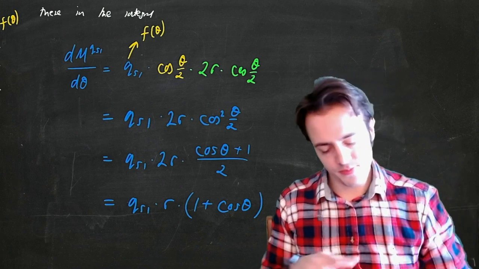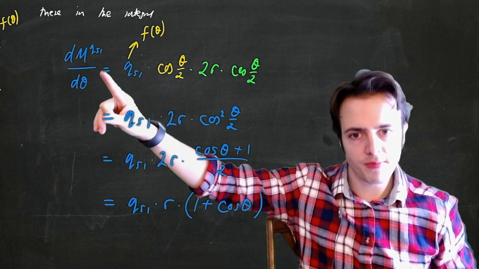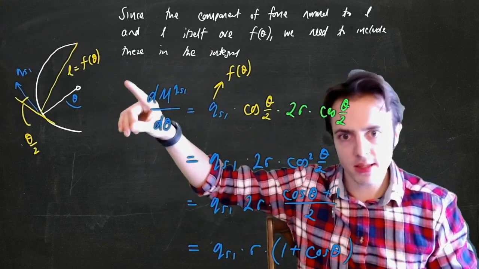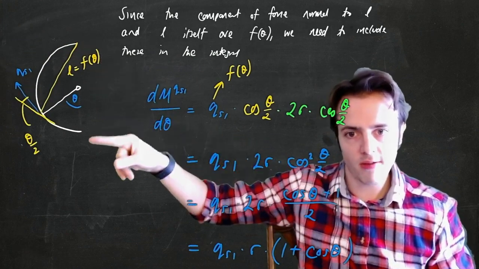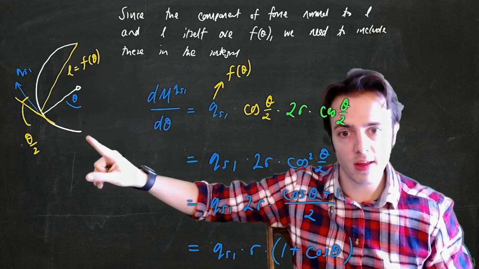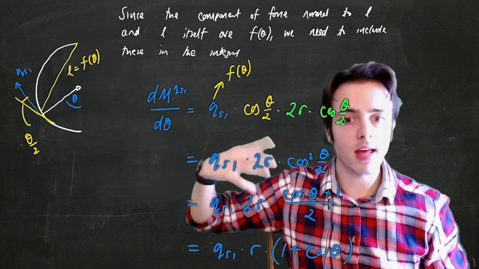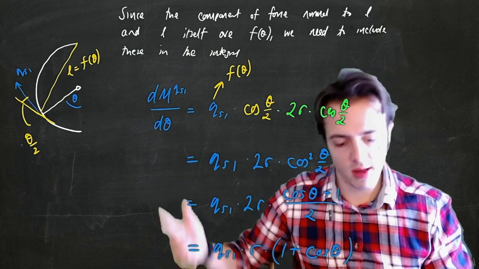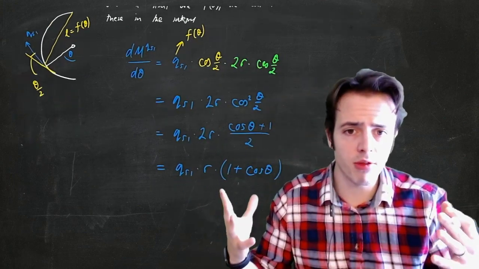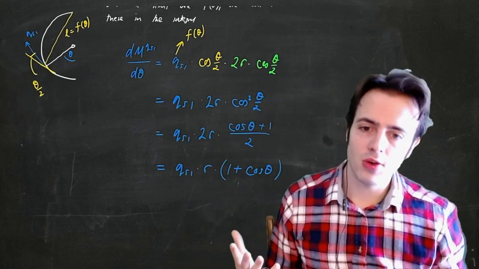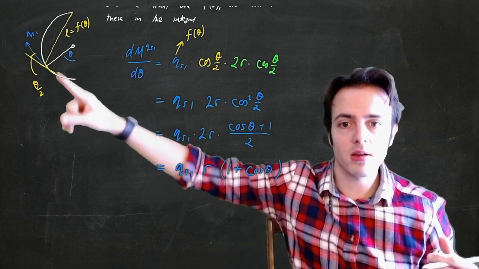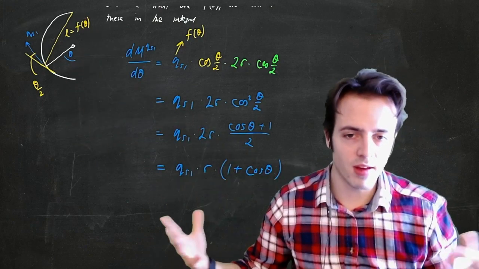So this is the rate of change of the moment produced at this point as a function of going along here. So if we integrate this from 0 to pi, that will give us the moment due to QS1. And then we need to double the whole thing because we've got two of these. We've got two semicircles, they produce the exact same moment.